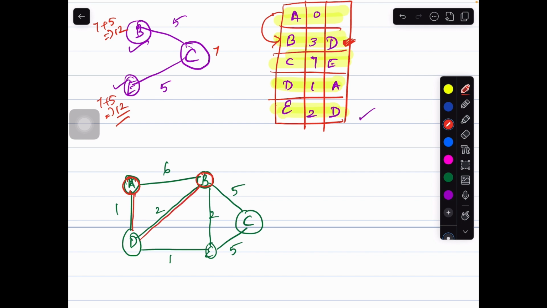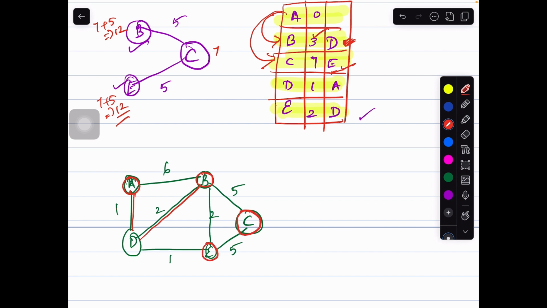So when you calculate it as 1 plus 2, it's going to be 3. Fine. So this is how we find the path. Now when you have to find the shortest distance to reach the city C, you have to travel through the previous node E. So the previous node of C is E.